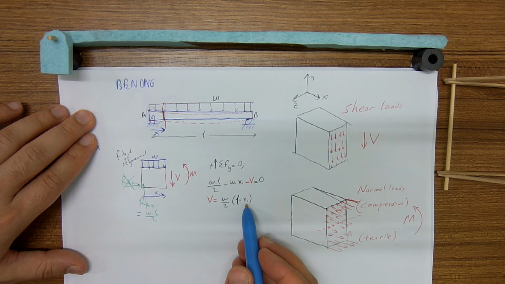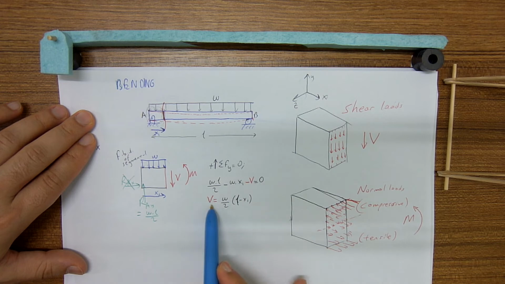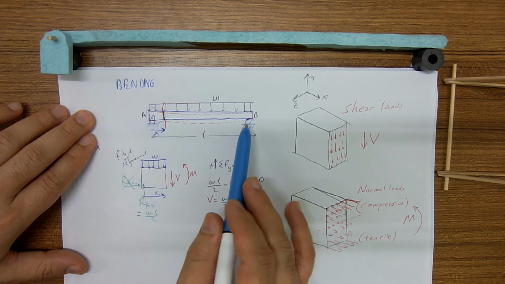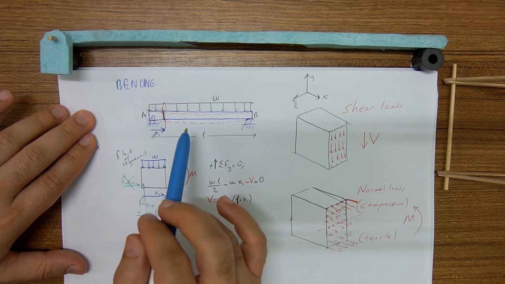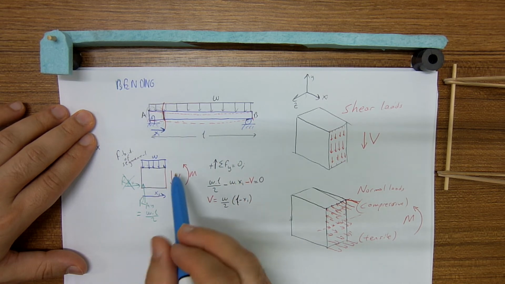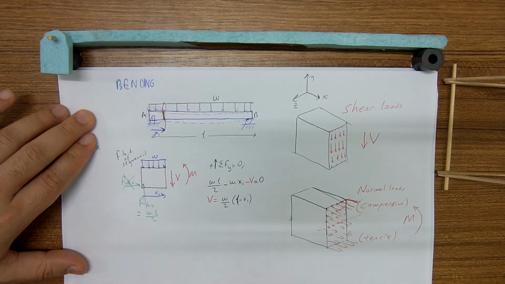We know that x1 is much smaller than L, therefore the result is positive. You see that the result is positive, and this is the case for the most fundamental example of the bending. Therefore, this direction is assumed as positive in shear moment diagrams.